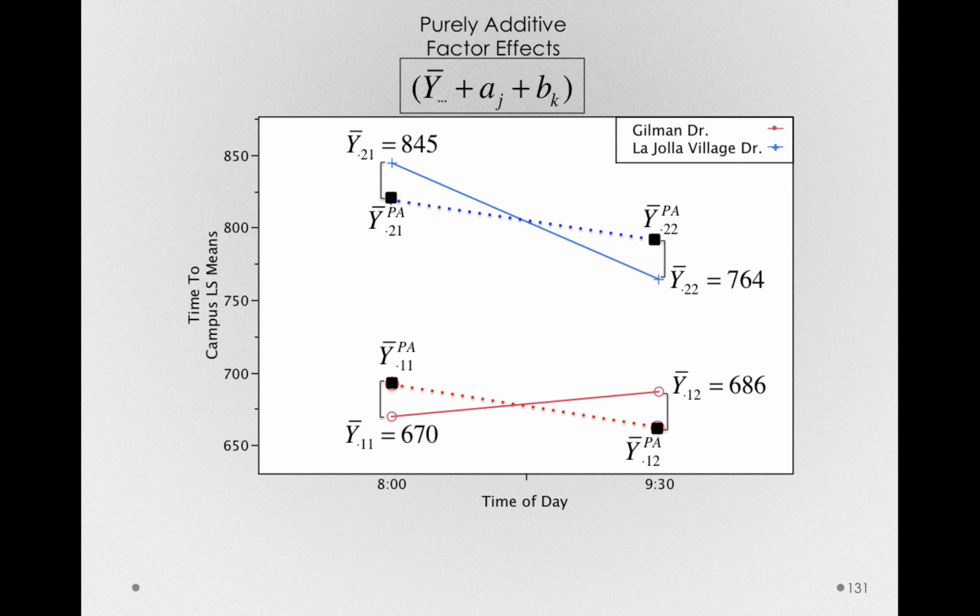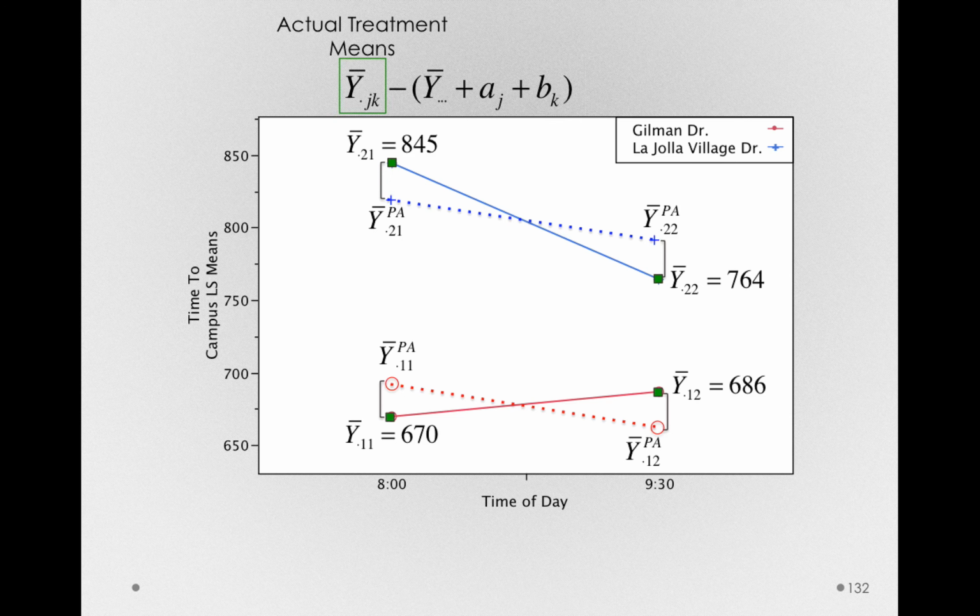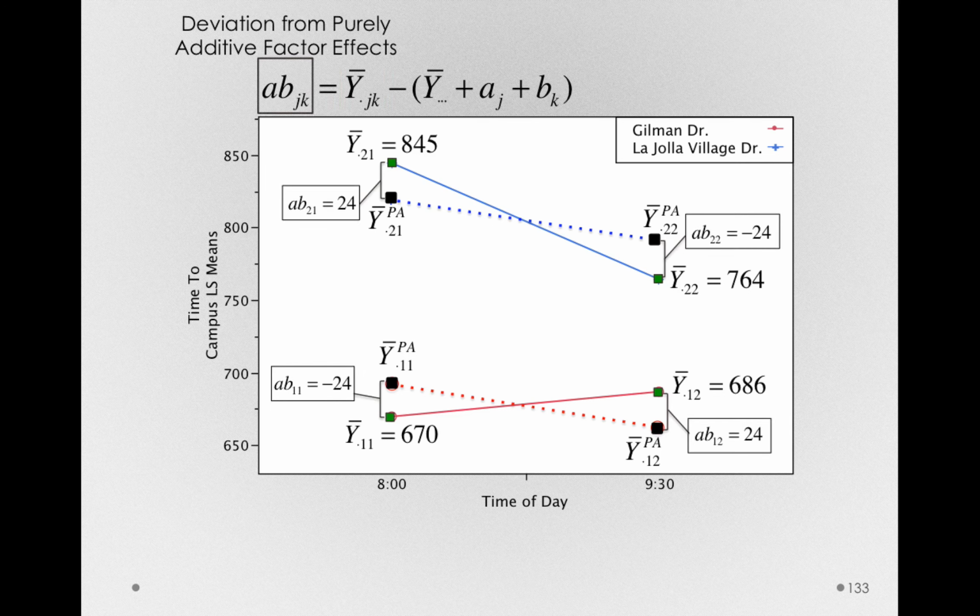So here are the purely additive factor effects, which we found from the sum of the y bar dot dot plus the marginal effects, the Aj's plus the Bk's. We have the actual treatment means, the y bar dot jk's, the ones we actually observed, and the difference between those will yield the ABjks, literally the deviation from purely additive factor effects for each of our combinations of factors.